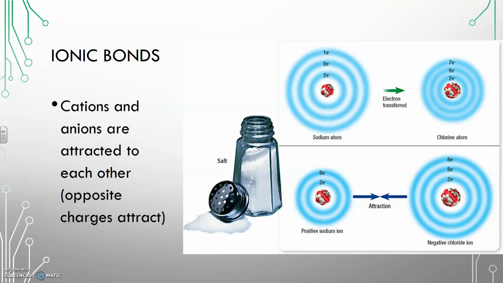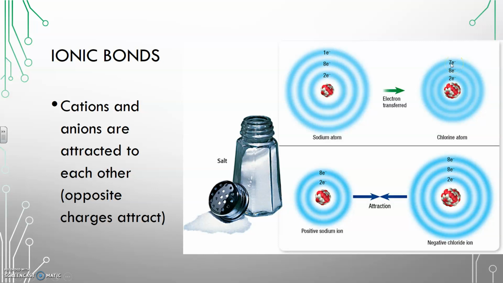You can see that the sodium has 1 electron in its outer shell, and its easiest way to get to 8 electrons in its outer shell is to lose this electron, the only electron in its outermost shell, because then its outermost shell is this one right here, which already has 8. It's already full. So it will dump that electron off onto the chlorine atom.